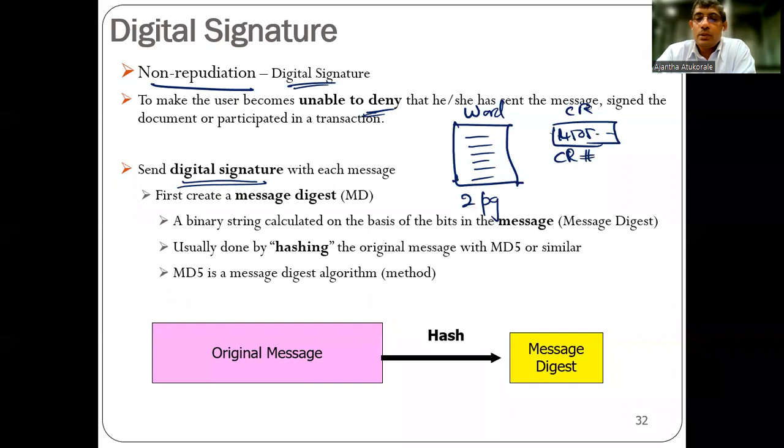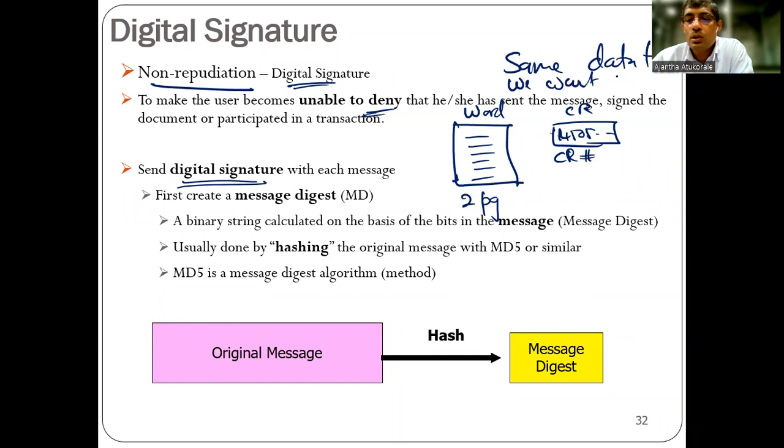Okay. So we have to use the same data, the same data that we want to send securely to the recipient or receiver, right? So I'll take that data and first create a message digest.